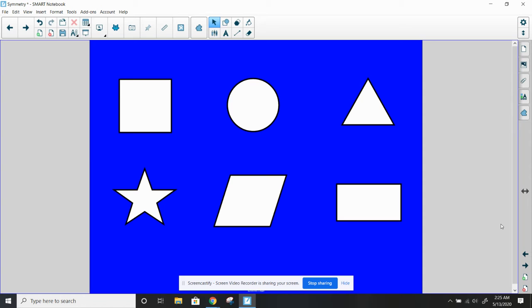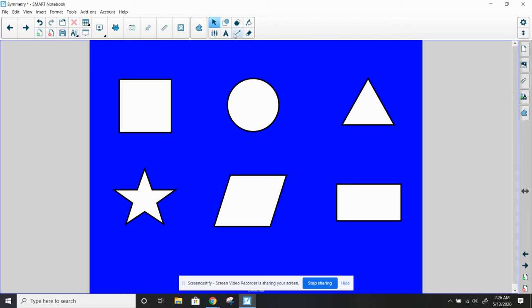So when we make a shape and draw a line of symmetry, that means we want to be able to take that shape and fold it over on that line so we have two exact matching halves, or two congruent figures.